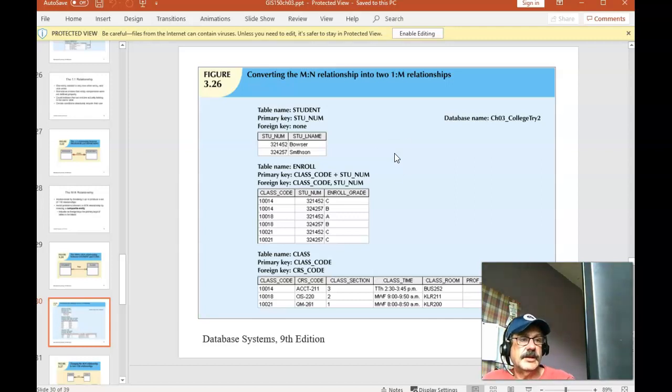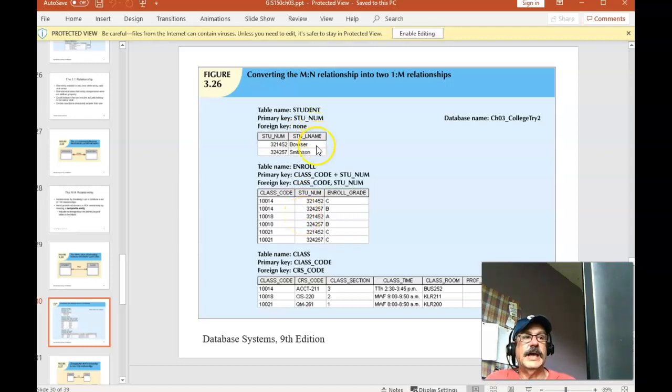The same thing with class: I could put student 1, student 2, up to student 500 or whatever, but it's a waste of space for many of the classes that don't have 500 students. So what we've done is we've stuck this table in between them called enroll. This is a linking table.